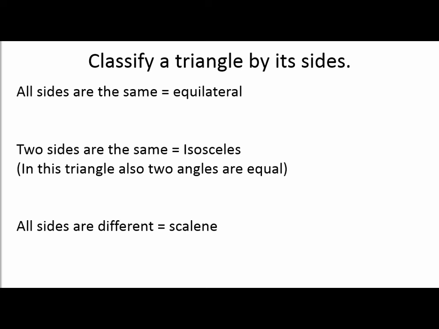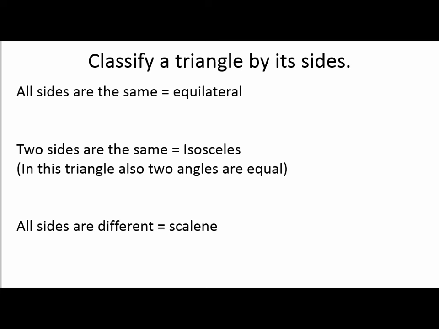So you guys will measure triangles. You guys will get the three measurements. If they are all the same, we're going to call that equilateral. If only two of them are the same, then we're going to call that isosceles. But if they're all different, we're going to call it scalene. Once again, I'm going to ask you guys to classify the triangles by the sides.